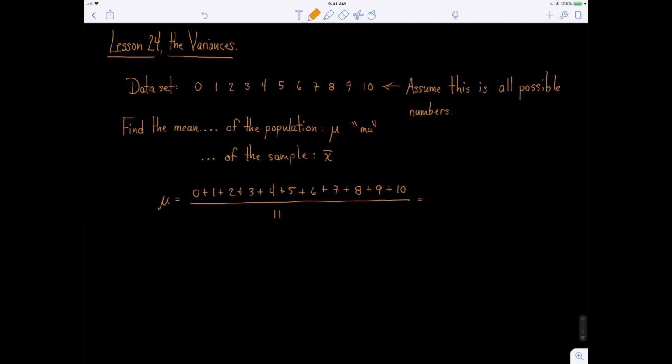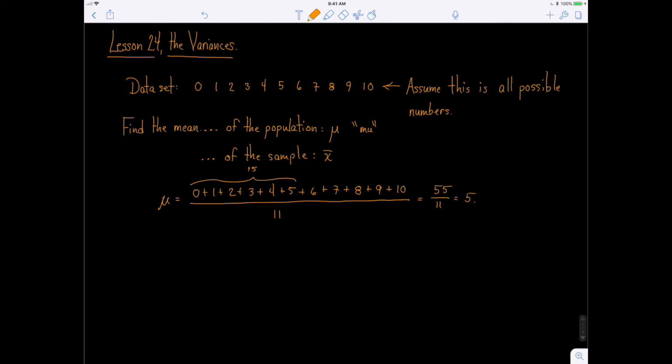If I add 0 through 5, that's 15. Then 6 and 7 is 13, added to the 15 is 28. Plus 8 more is 36. Plus 9 more is 45. Plus 10, that's 55. 55 divided by 11. And so the mean mu is 5.